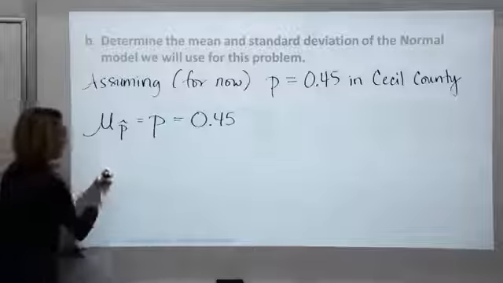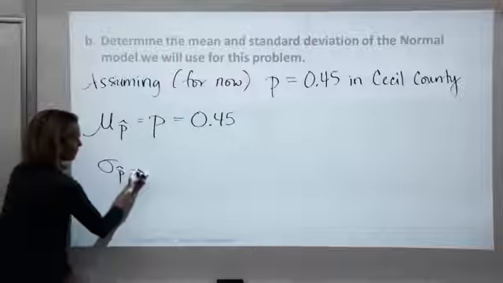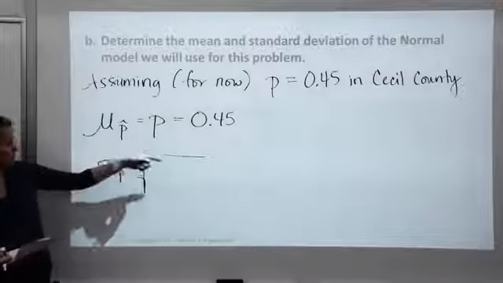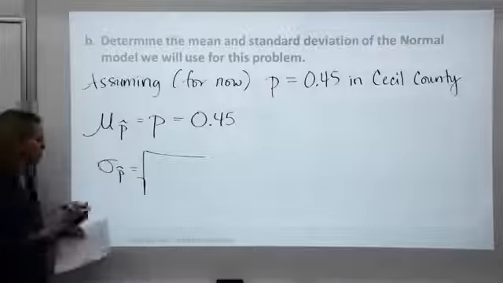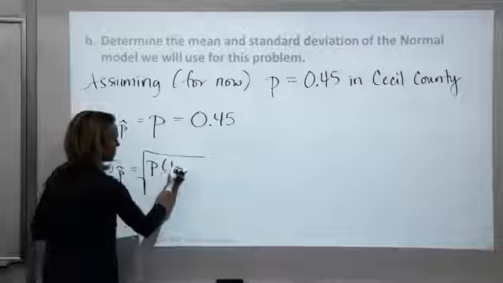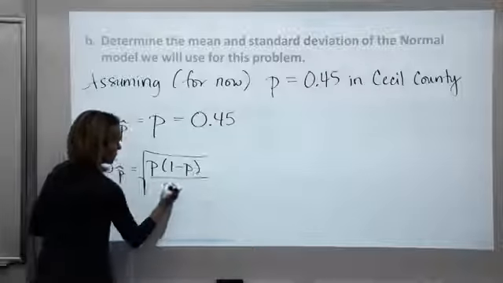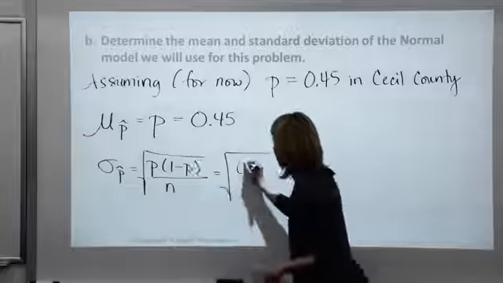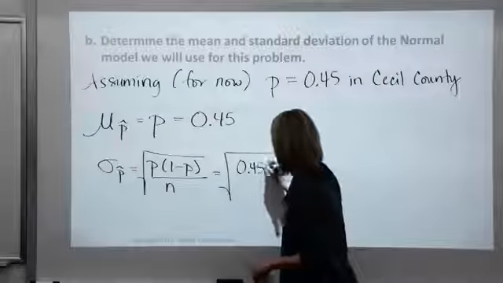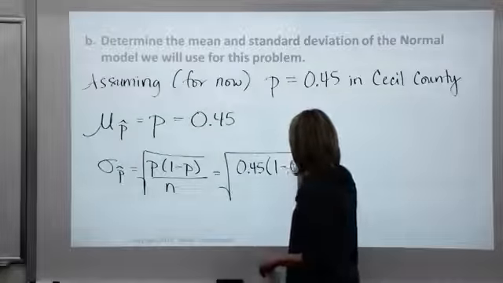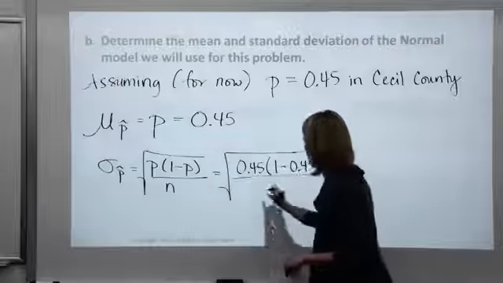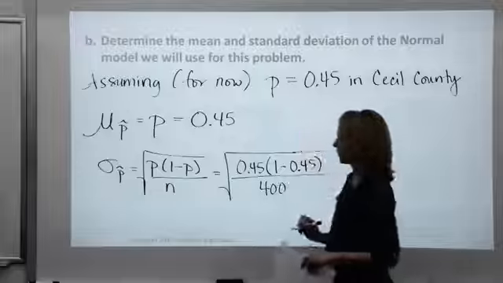And then the standard deviation, recall, was the square root of p times 1 minus p divided by your sample size. So we'll fill in our values, 0.45, 1 minus 0.45, and we were sampling 400 homes.